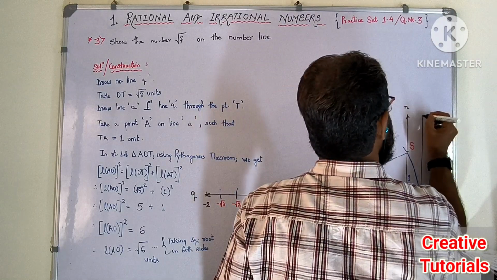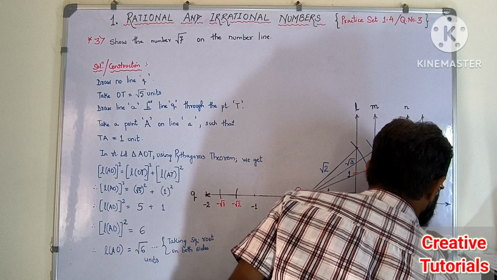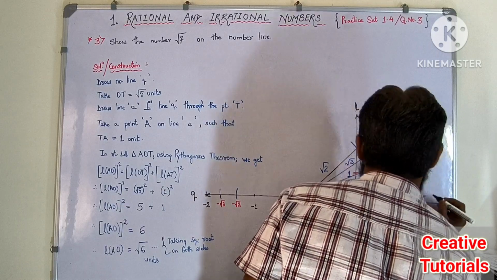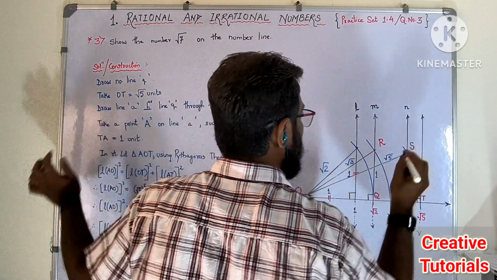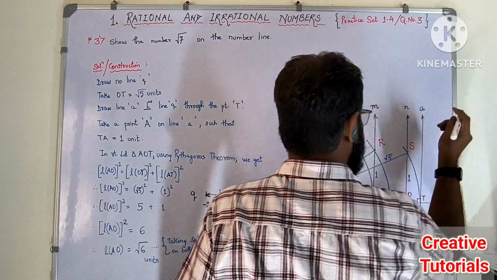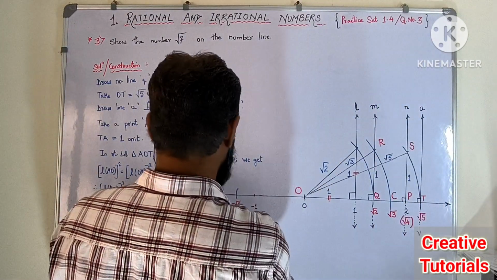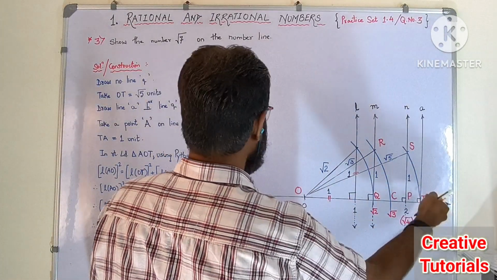All right, so this is our line which is perpendicular. We have taken the line as A, so let us give this the name small a. So line a is perpendicular to line Q through point T.